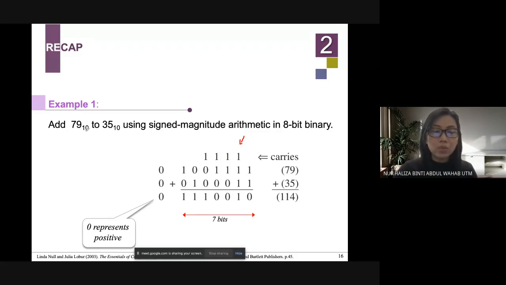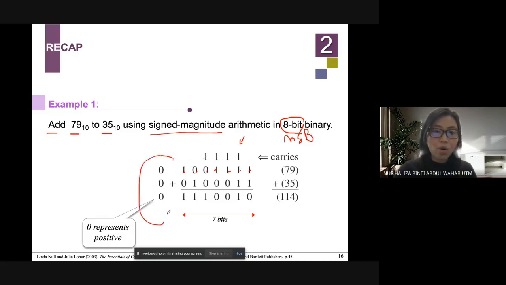So this one is adding 79 to 39 using sign magnitude. There is also a hint over here: using 8-bit binary. So that's why you can see 1, 2, 3, 4, 5, 6, 7. After that, your MSB, isn't it?